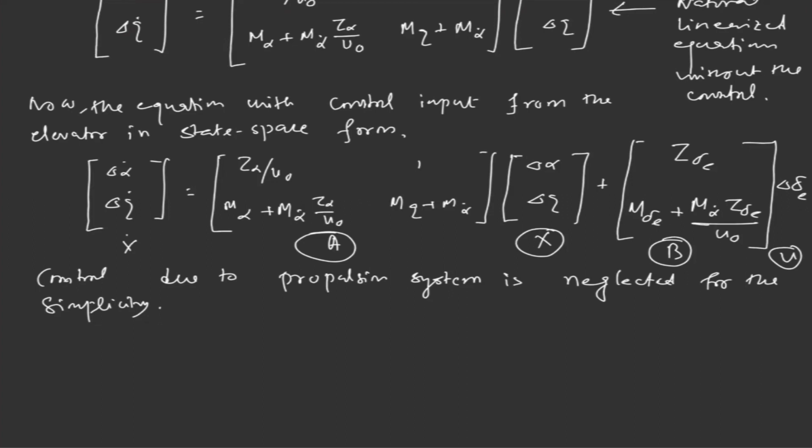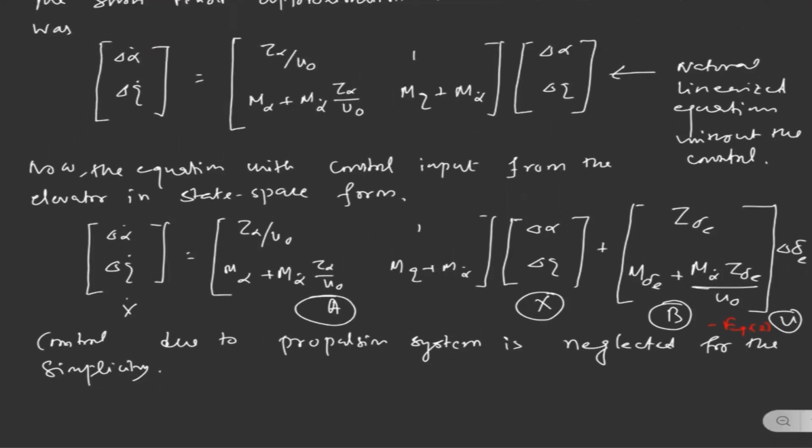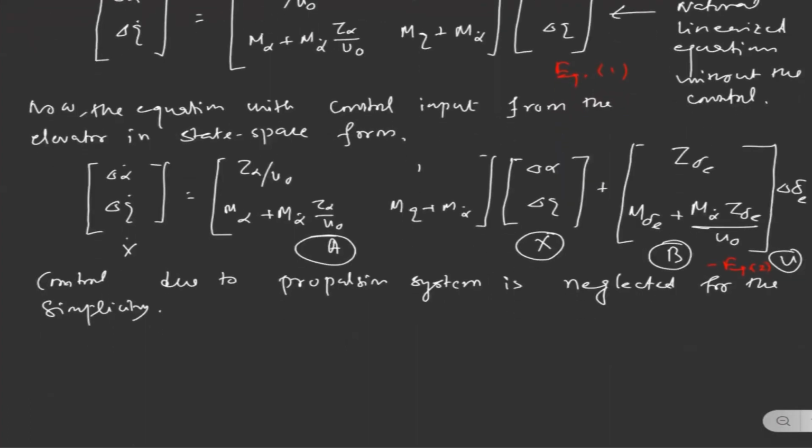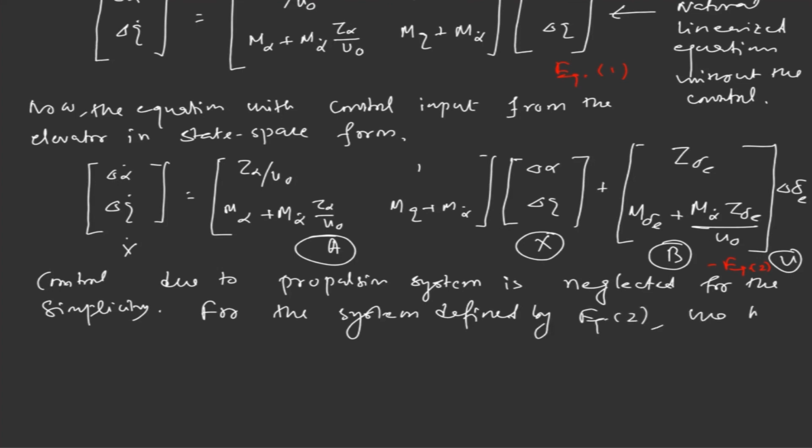From this, let me define this equation number 2, and this is equation 1. So from equation 2, we can get two ODEs. Let me write the first ODE for the system defined by equation 2. We have the following ODEs.